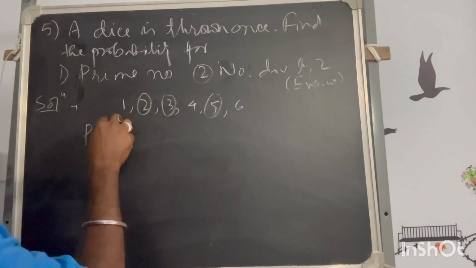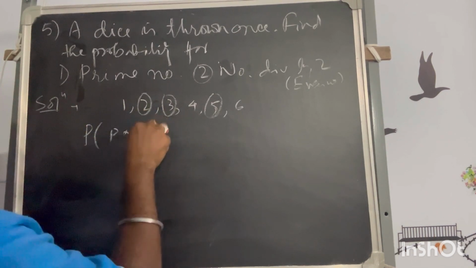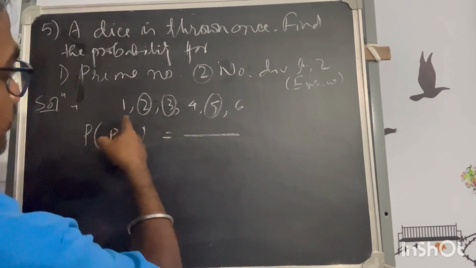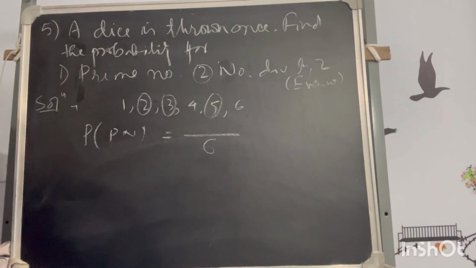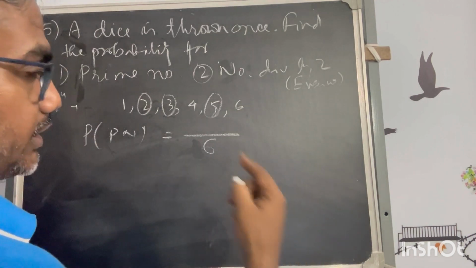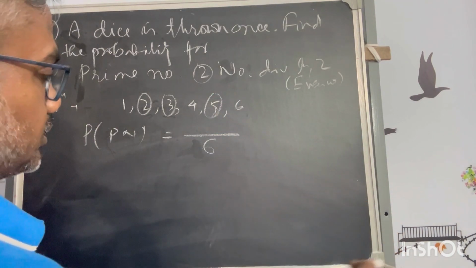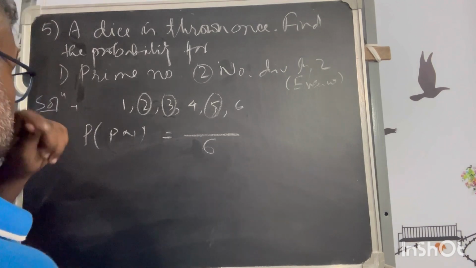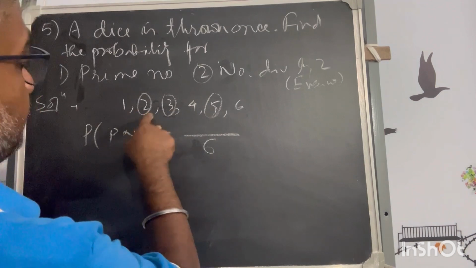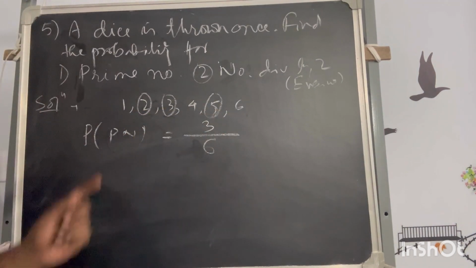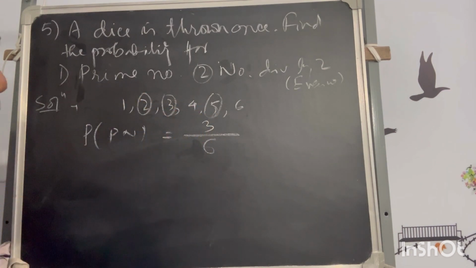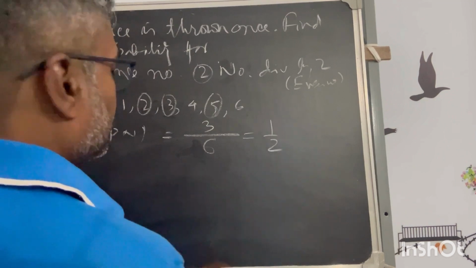So the probability of getting a prime number when you throw a dice: the sample space is 6, that is, possible outcomes are 6. Whatever you throw, you will get only one number. You won't get two numbers together. So you will get 6 individual results. The prime numbers that you can get are 3. If one of these results comes, then you can say you got a prime number. So ultimately this will become half.